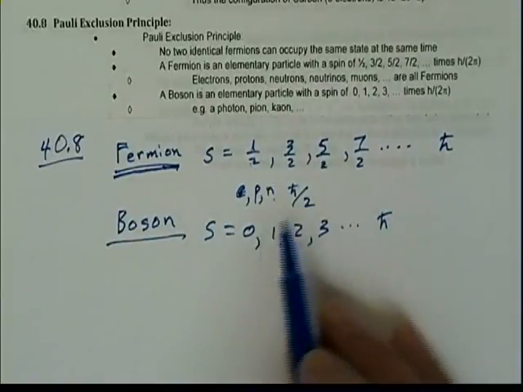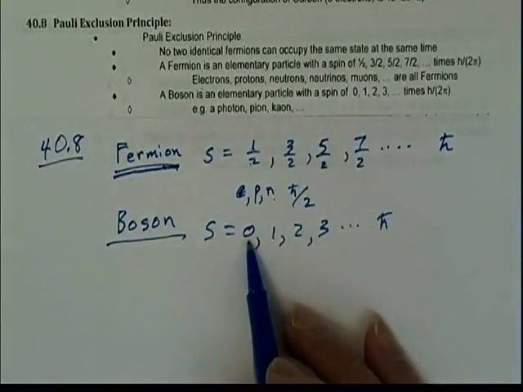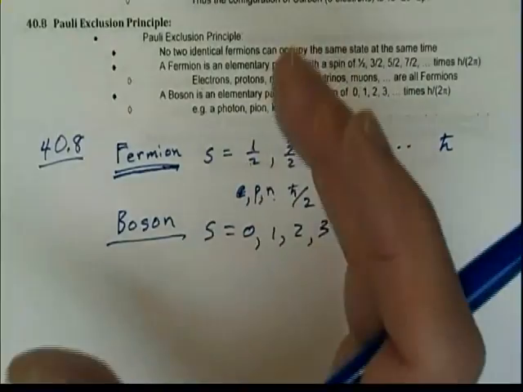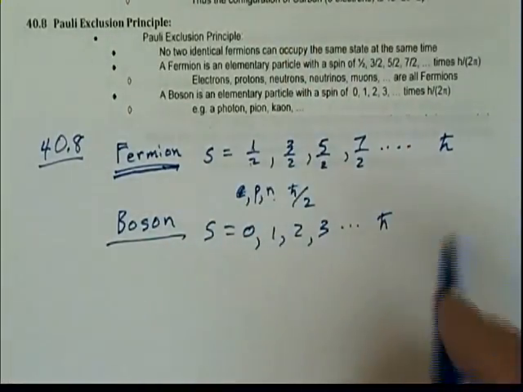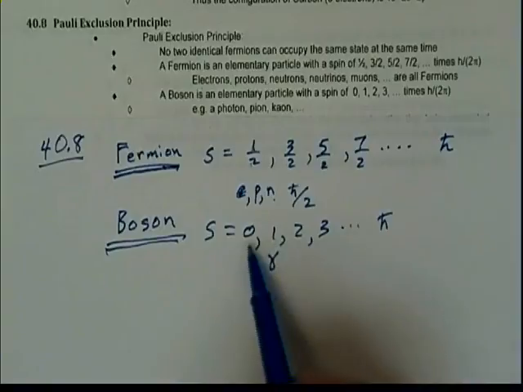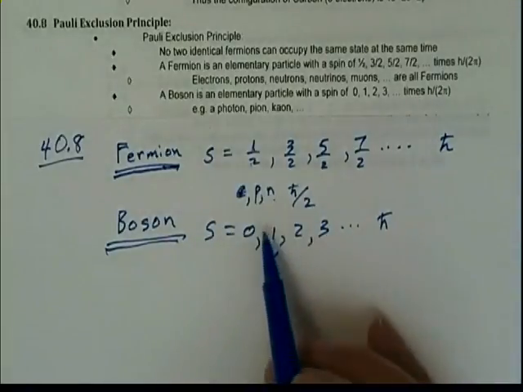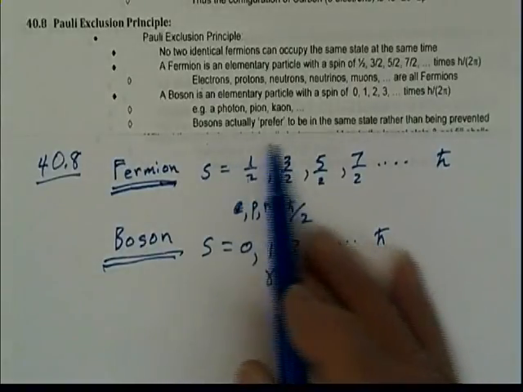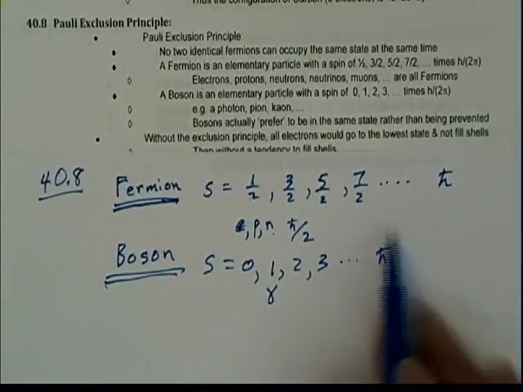The pion and the kaon are spin 0 particles that jump back and forth inside the nucleus between the proton and neutron and hold the nucleus together. So we have these ideas of the boson, but we also have the photon. Photon has a spin of 1. Bosons actually prefer to be in the same state.